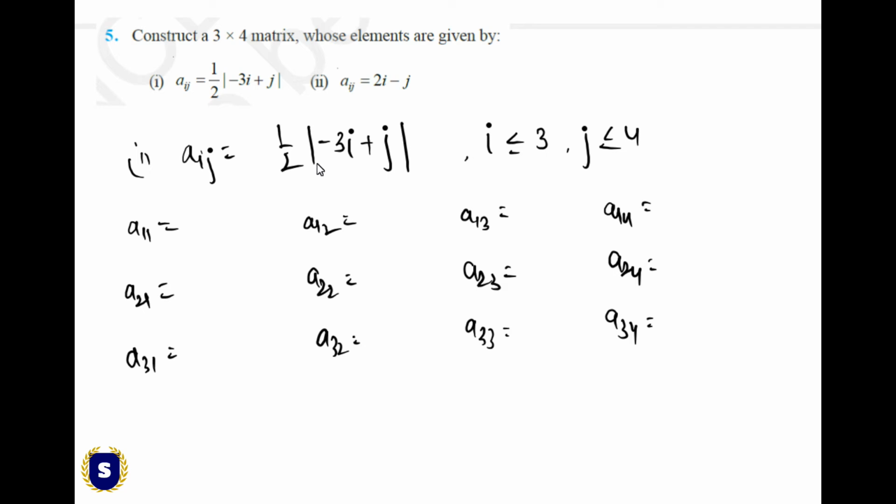Right? So first one will come. I'll do the calculation in the rough part. So when it is 1 1, I'll get modulus of minus 2, that is 1.